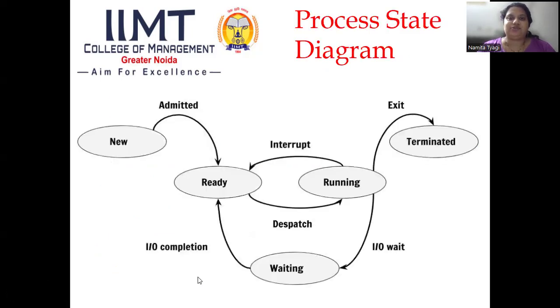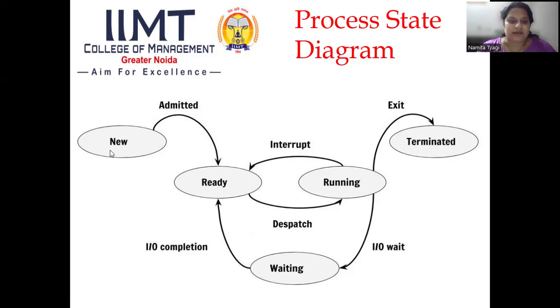This diagram shows the process state diagram, meaning how the process enters the new state and finally goes to another state and lastly to the terminated state. The new state is the state when the process is about to be created but not yet created.